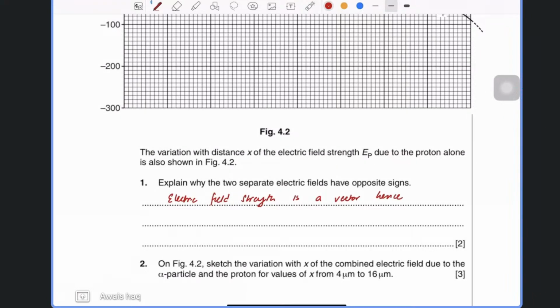Hence the field is in opposite directions. That's why they would have different signs.